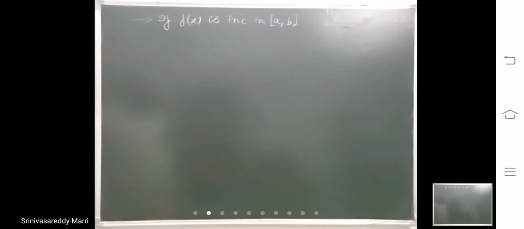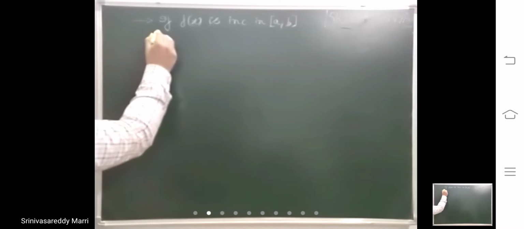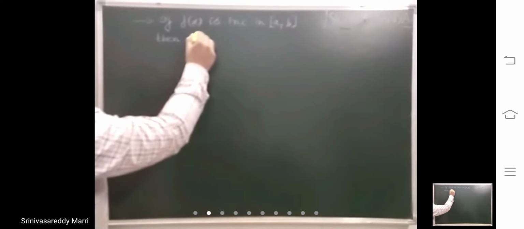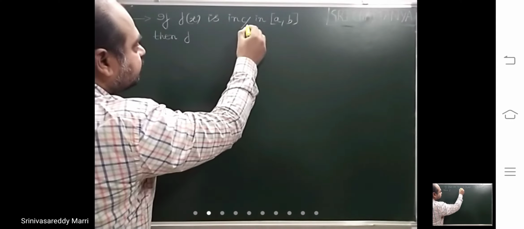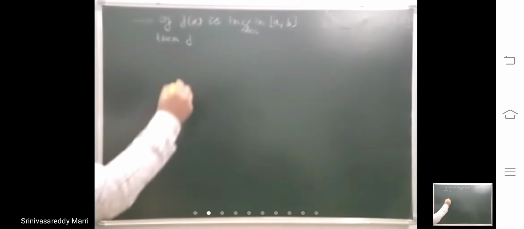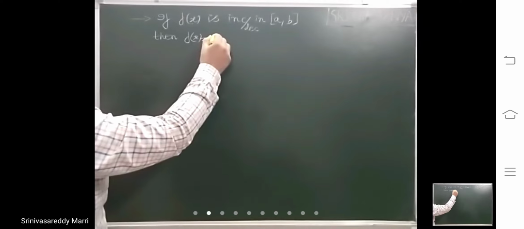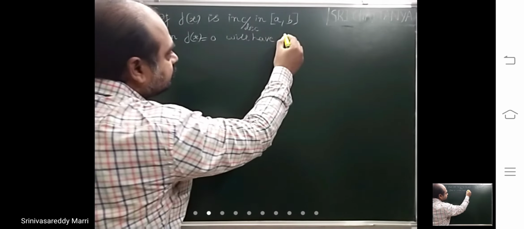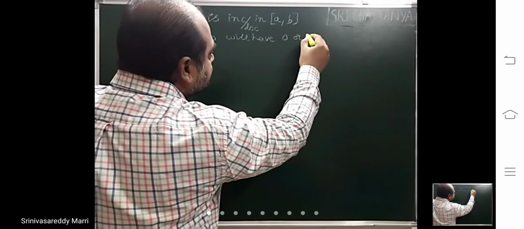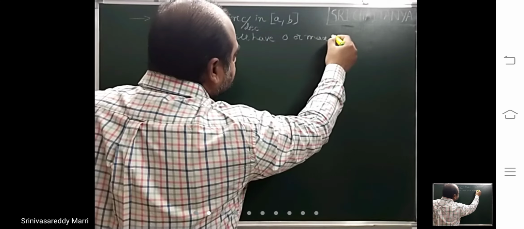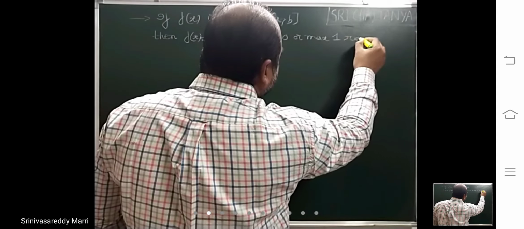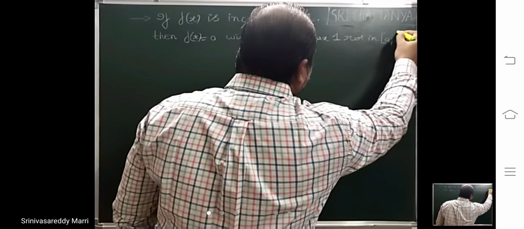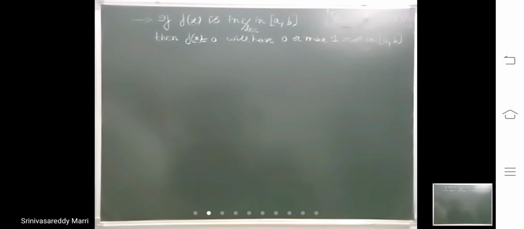F of x is increasing in closed A comma B, then f of x, increasing or decreasing, then f of x equal to 0 will have 0 or maximum one root in A comma B. Look at this.